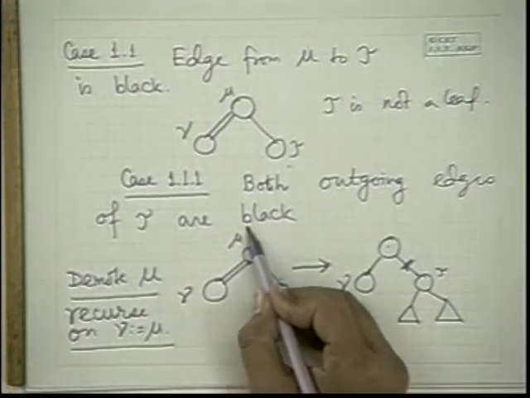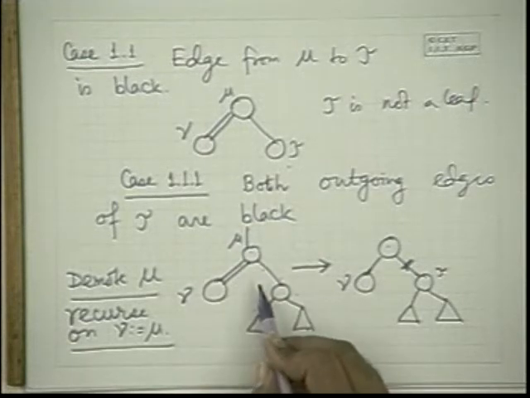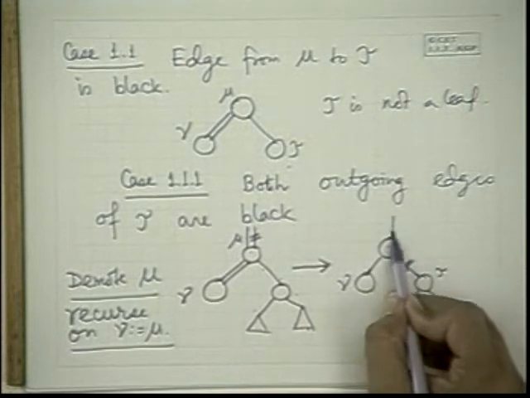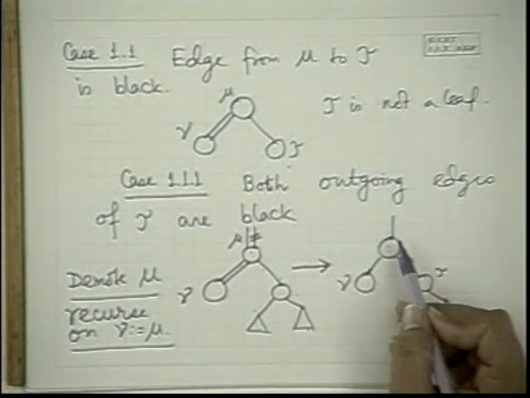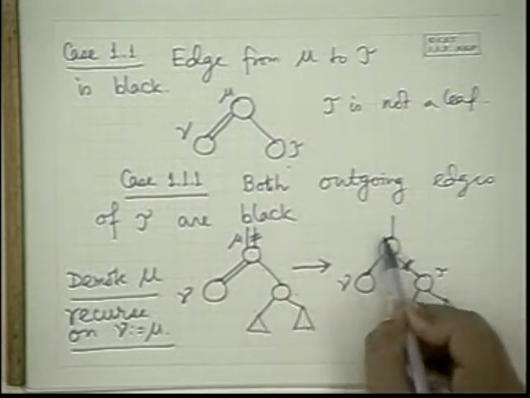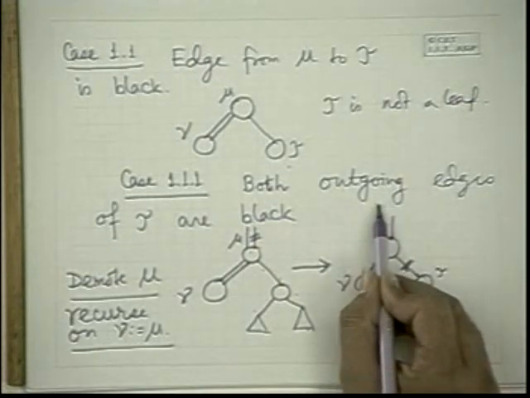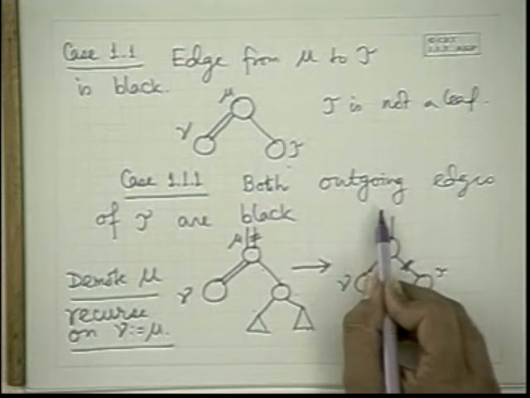If the incoming edge was red, we will make it black, no problem. Basically we transfer this black up the tree. This way this will not disturb the black height of anything.